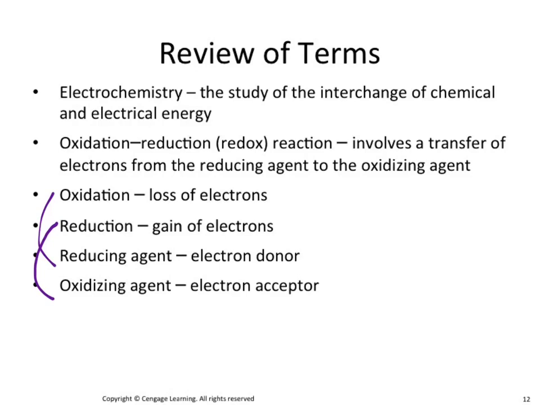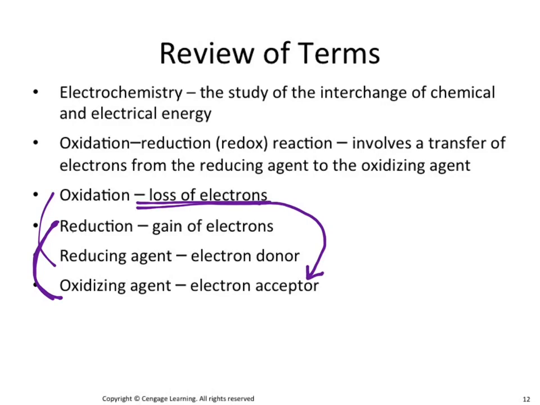Yes, Shreya? If oxidation is a loss of electrons, then how is the oxidizing agent an electron acceptor? The oxidizing agent is the one taking the electrons, because reduction and oxidizing agent go together. The one who loses the electrons is giving them to somebody, and that somebody is the oxidizing agent.